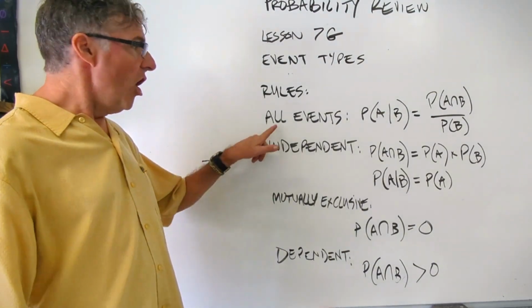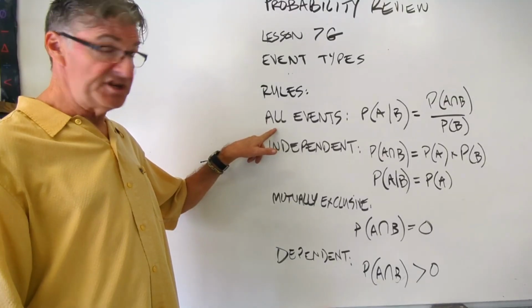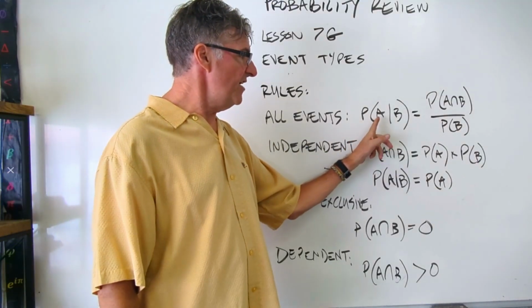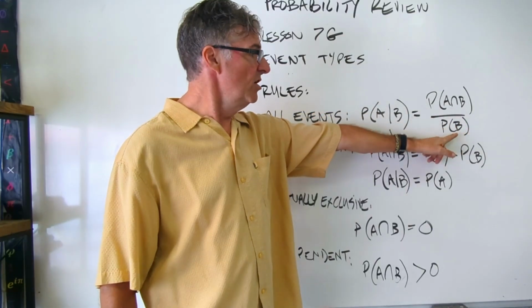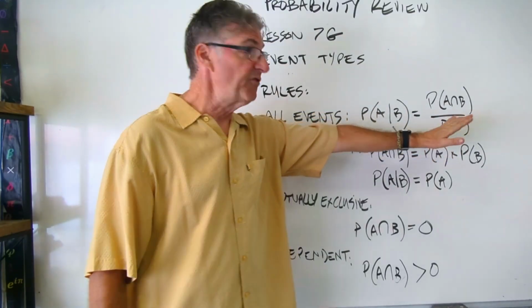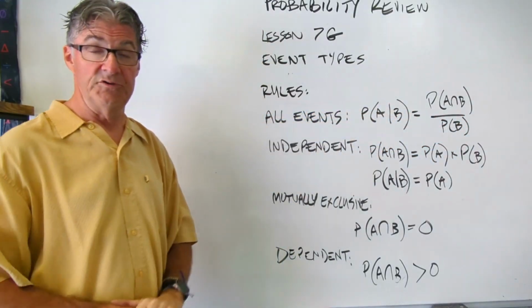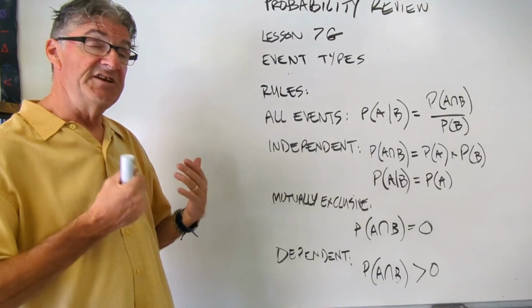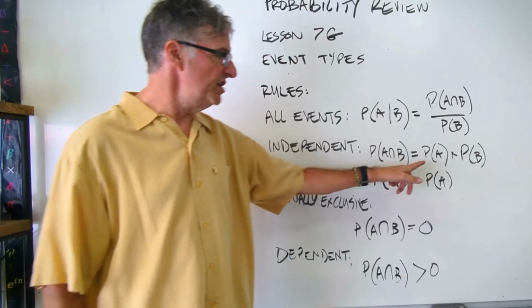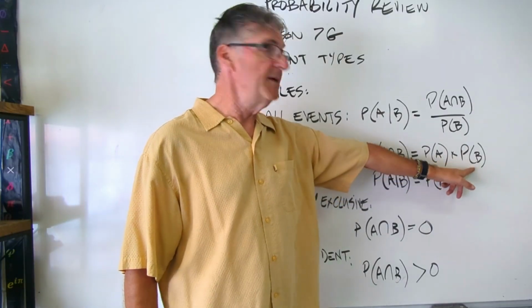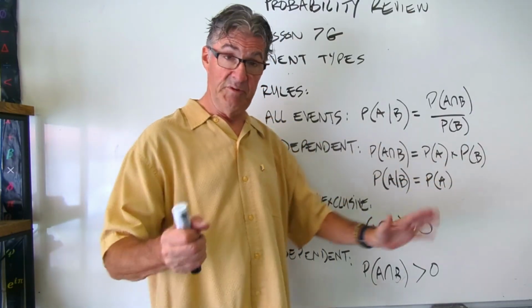So here we go. For all events, I don't care which type of event, the probability of A given that B happened is just going to be the probability of the intersection of A and B over the probability of B. So that's for every single event. That equation holds true. Now additionally, if we know they're independent, then the intersection is just going to be the probability of A times the probability of B. Sweet, okay?